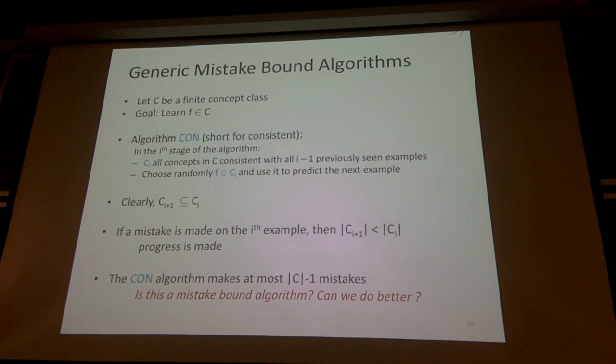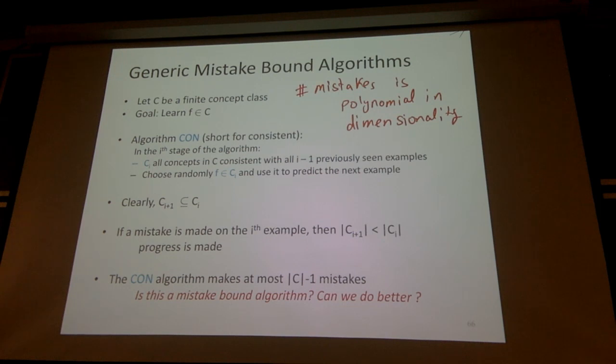An algorithm is called a mistake bound algorithm if the number of mistakes is polynomial in dimensionality. Is that the same as what I've written here?